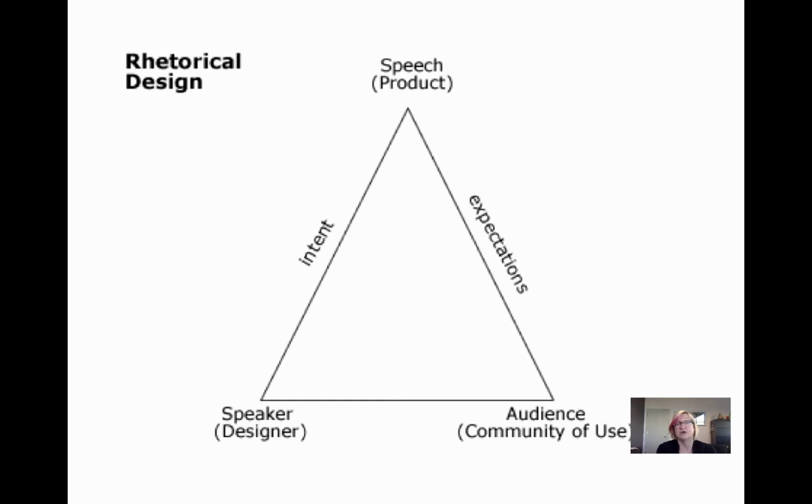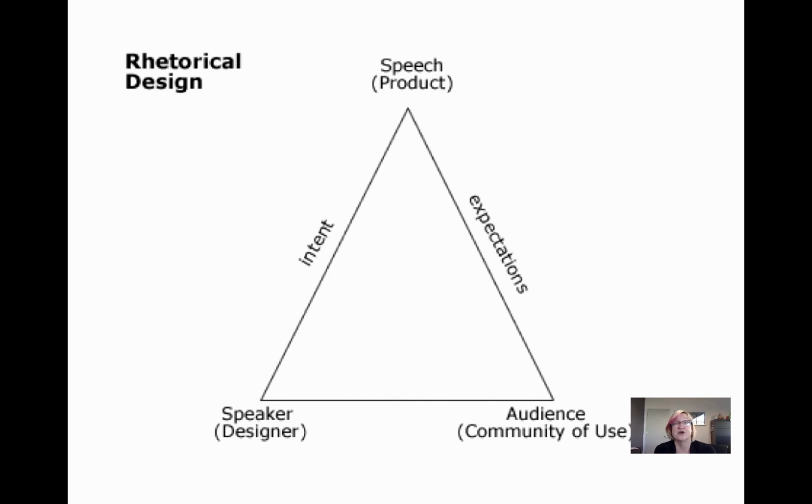You also have a speaker or a designer, or we can use the word rhetor, who creates that product or artifact or text. And then we also have an audience to consider when we're thinking about the rhetorical triangle. And on one side, we might be interested in the intentions or choices that the rhetor makes. And on the other side, we might be thinking about the expectations that the audience might be experiencing.